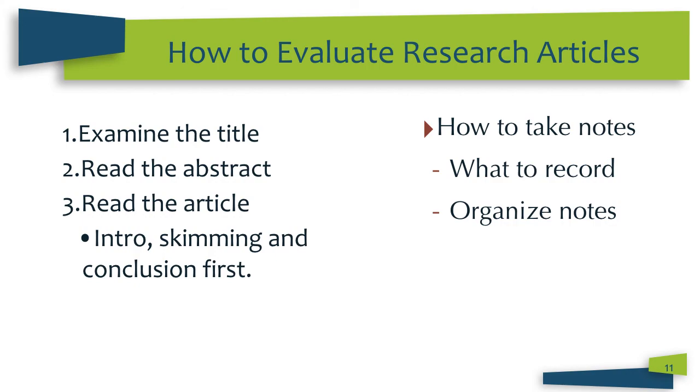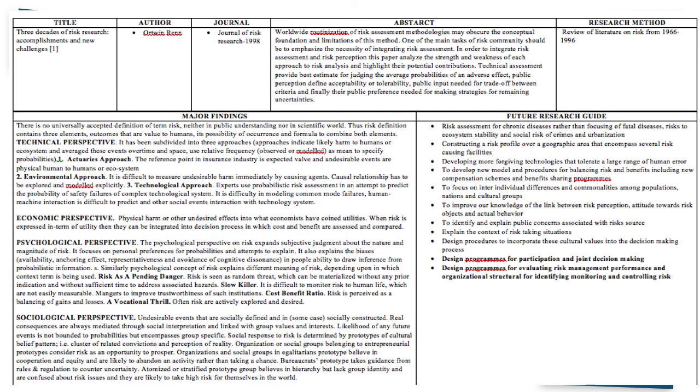I'm quickly going to show you a sample recording of a paper done by one of my students. So if you look at this slide, this is a one-page summary of one paper. What this student has done is he's written the title in a box, then the author, then the journal in which it was published, then the abstract.